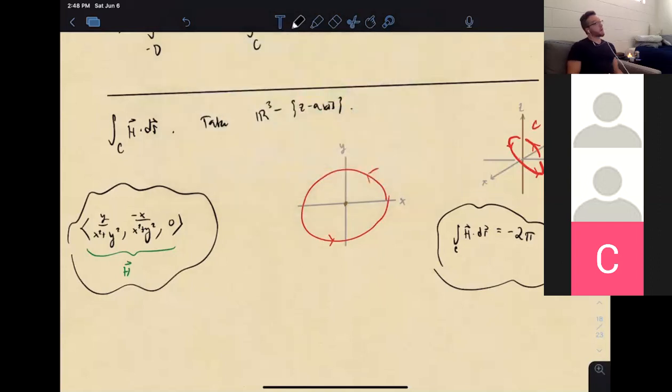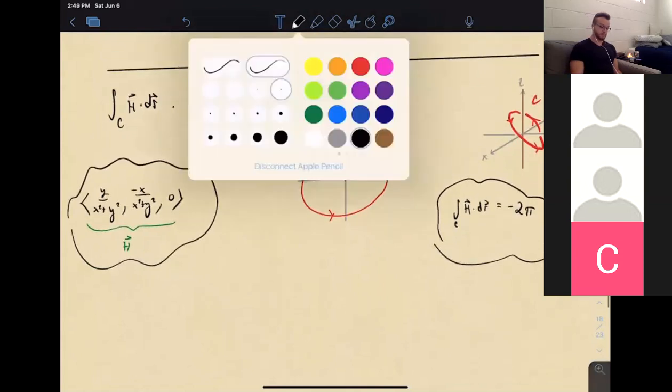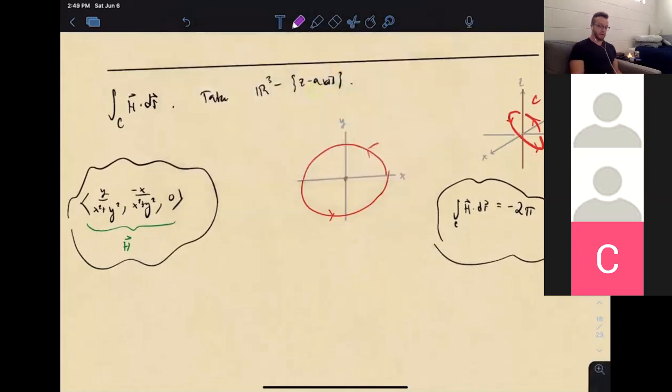Let's see. So how would I do this? What letter do I want to use? E. Let me let E be the unit circle oriented counterclockwise in the XY plane.